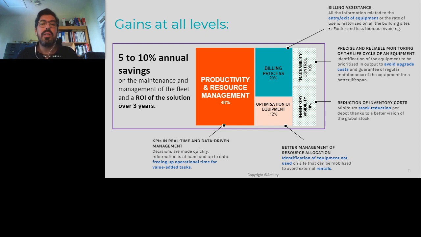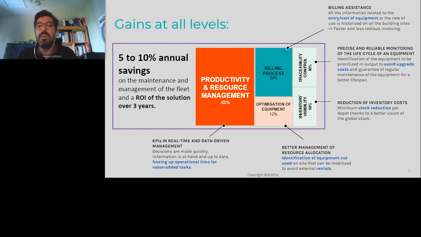It represents a bit less than half of the cost reductions.